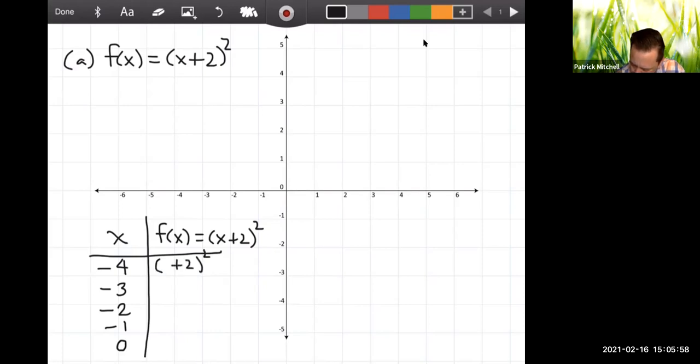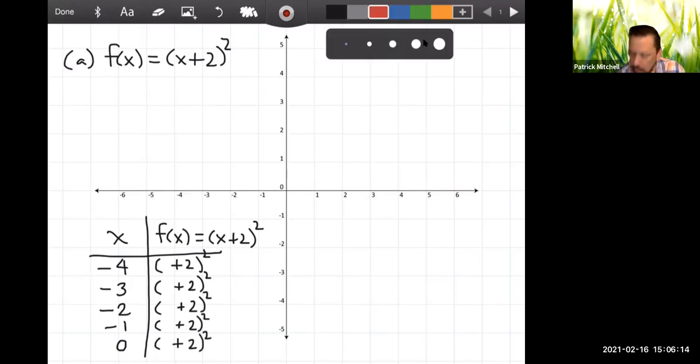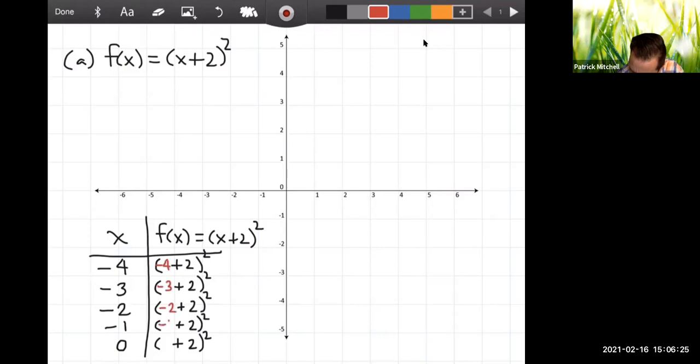So what you're going to see me do now is just make 5 copies of my function where I'm leaving out the x, and then I will fill that x in just a second. We're going to evaluate this function when x is -4, when x is -3, when x is -2, when x is -1, and when x is 0.